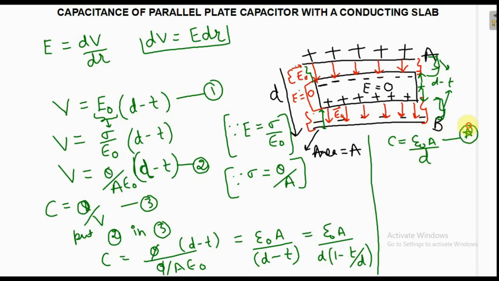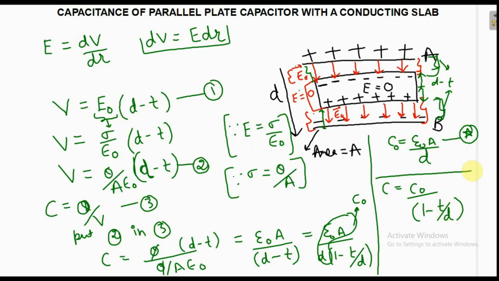If you compare these two equations, when there is a vacuum between two plates, this is the formula, equation star. So now substitute the value of C naught in the previous equation. 1 minus T by D you will get as it is. So this is your final expression for capacitance of a parallel plate capacitor with conducting slab.